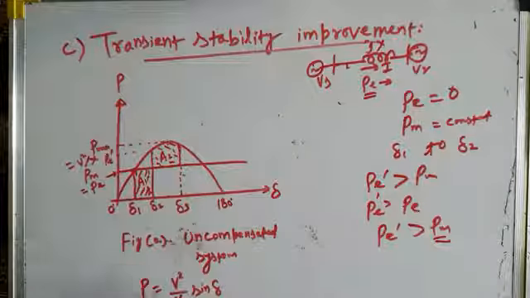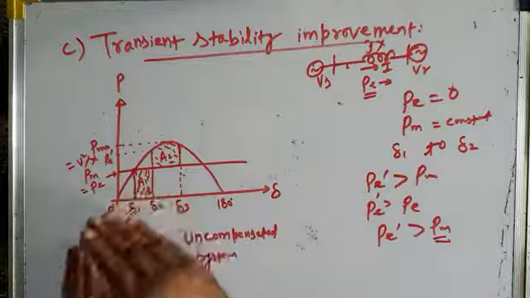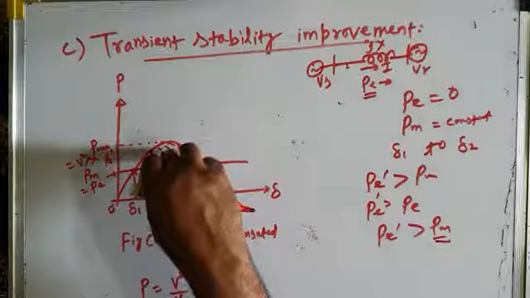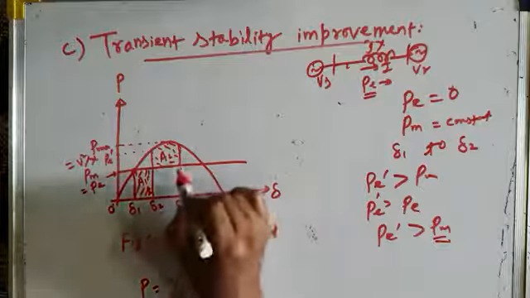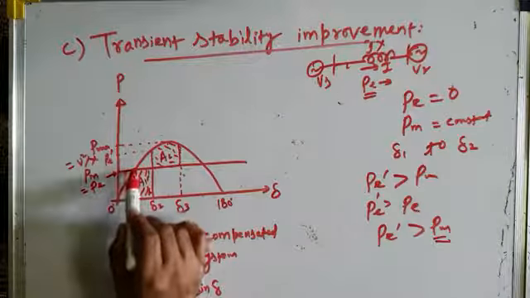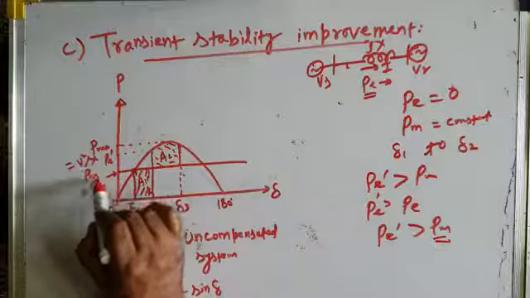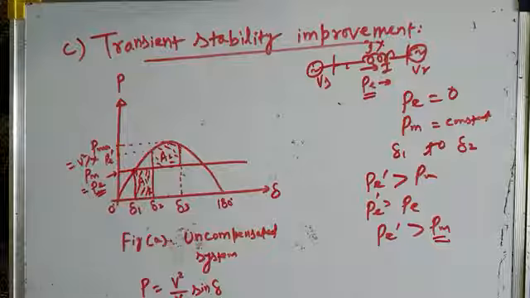Because electrical output is more than mechanical input, and there should be a balance between the two kinetic energies. When the decelerating kinetic energy becomes equal to the accelerating kinetic energy, your system comes back to steady state. It again starts operating at delta equal to delta 1, for which the power is PE. The mechanical input power is PM, and the electrical output power is again PE, and PM is equal to PE, and the machine comes back to steady state.